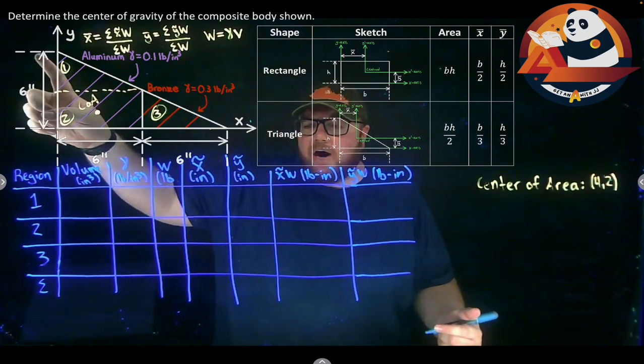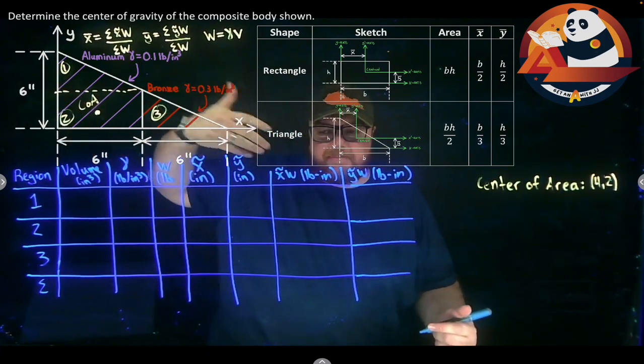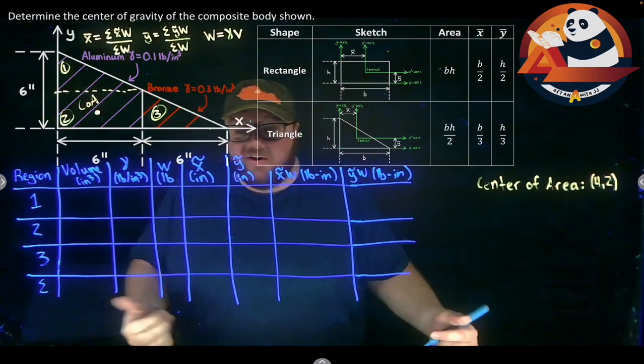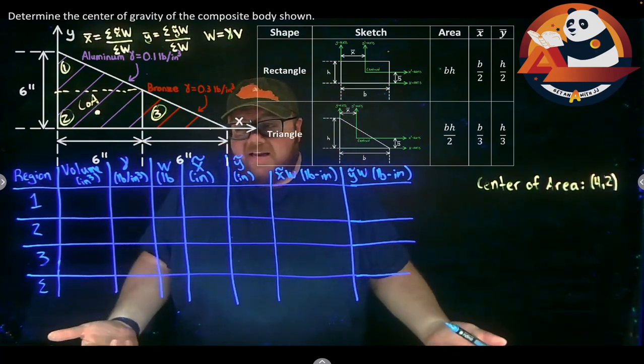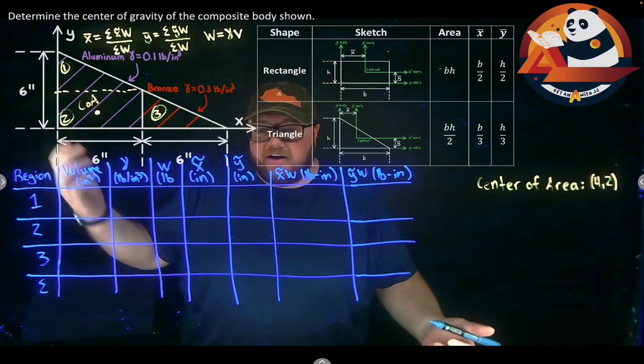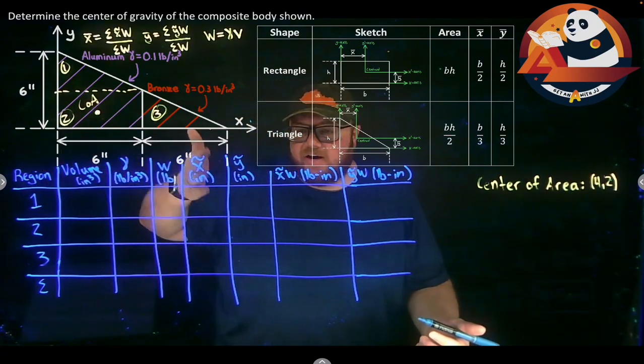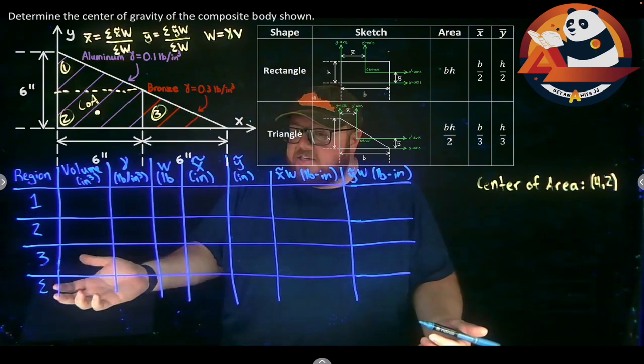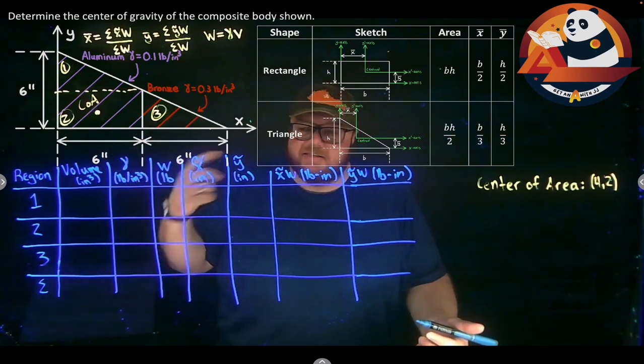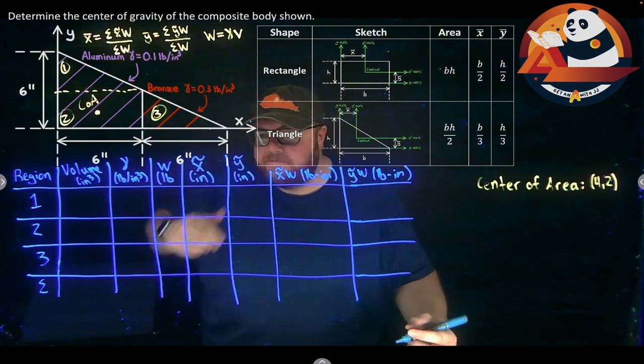But what do I do? I'm given areas in here. I'm not given a depth on everything in this. Realistically, what's going to happen is that depth doesn't matter. I could assume any value other than 0, and my answer is going to come out to be the exact same if I'm just looking for X and Y coordinates on that. So let's assume anything. If we assume 1, it's the easiest. So assume a thickness of 1.